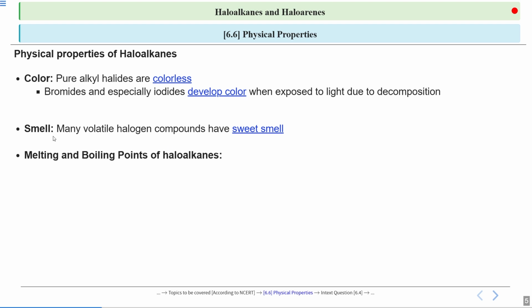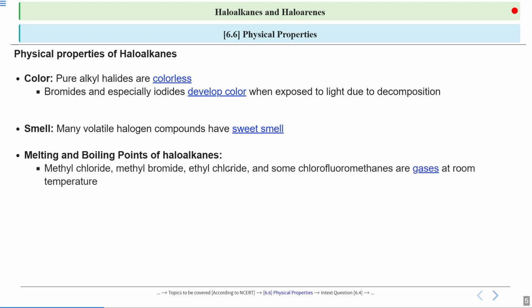If you talk about the major physical property, that is melting and boiling points of haloalkanes, let's understand that first. Methyl chloride, methyl bromide, ethyl chloride, and some chlorofluoromethanes are gases at room temperature.